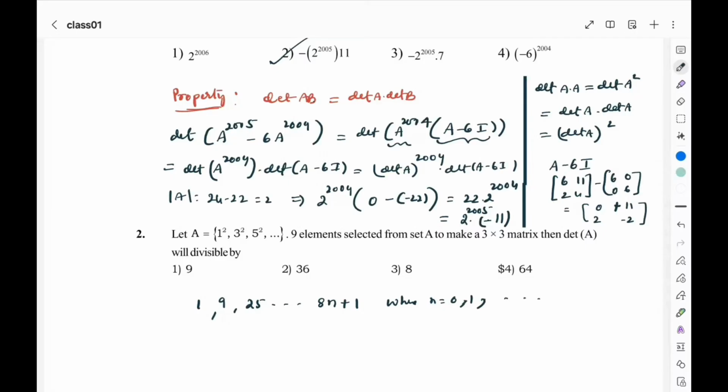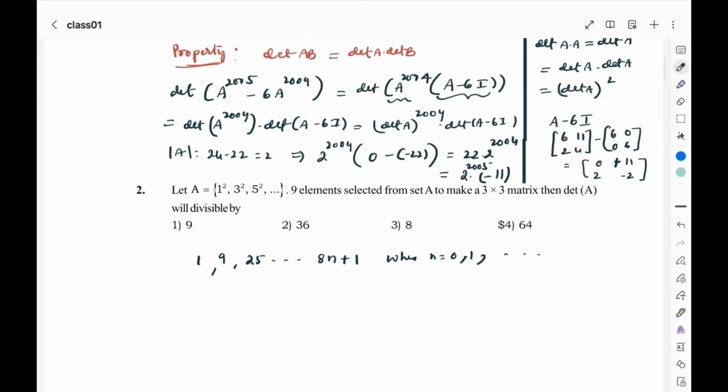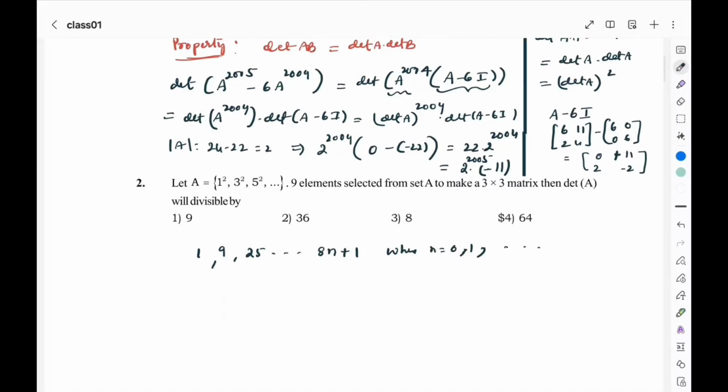So now, if you consider this matrix A, he didn't say particularly nine elements. He told us to take any form, it doesn't matter.